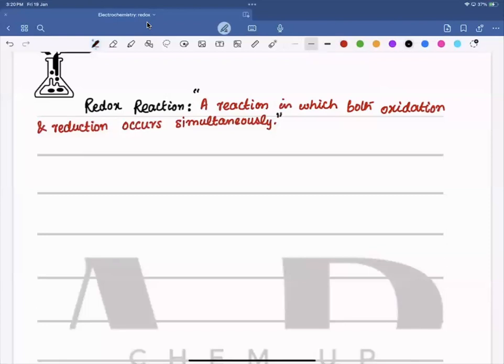So such reactions in which both oxidation and reduction occur simultaneously, we call it redox reaction.